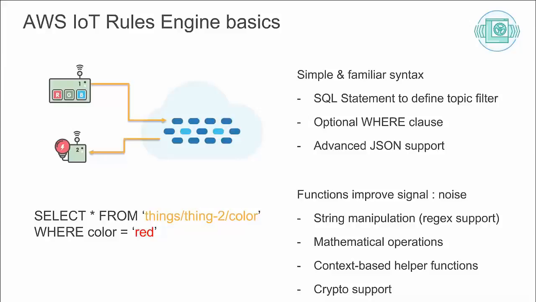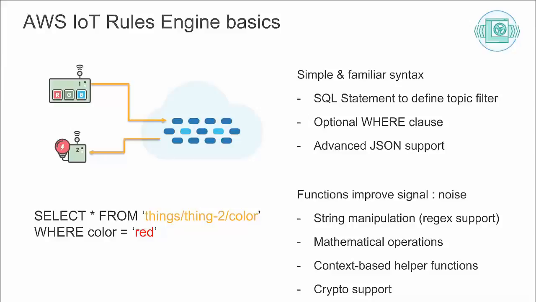This capability comes from the fact that an SQL-like syntax is used in the gateway. So you can select on the basis of topic filters, you can use where, you have support for advanced JSON, there are built-in functions, mathematical operations, you can add data which can be generated at the gateway connection point, such as timestamps.